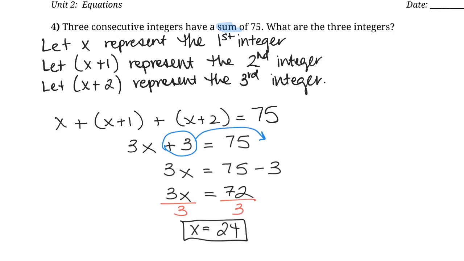So my very first integer, which was represented by x, if we go back and look at our let statement, our first number is 24. So if I want to get the second integer, I just have to take my x value and add 1 to it. So on the side here, I'm just going to show my work.